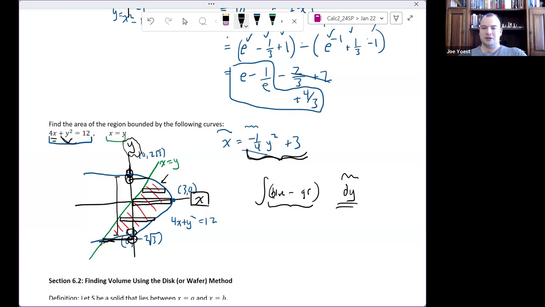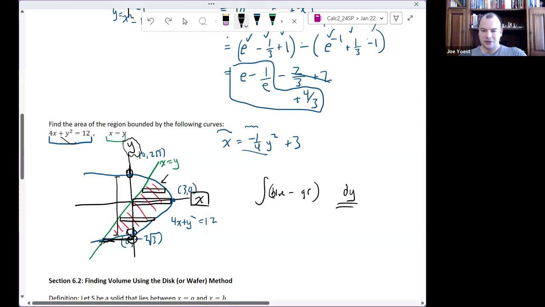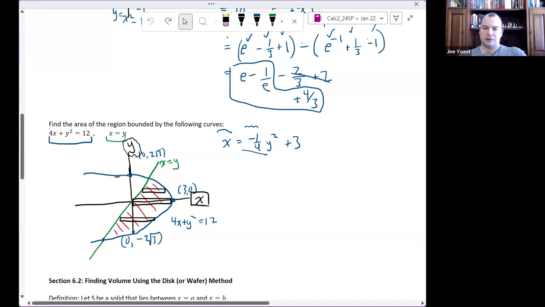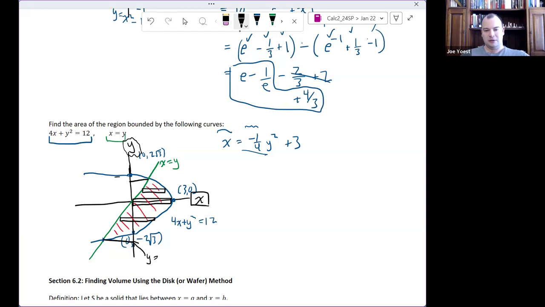Okay, so now what do the details look like? Let me try to undo all of this to get back to something a little cleaner. It won't let me undo any further, but okay. So what do I want? I want to integrate from y equals a to y equals b.